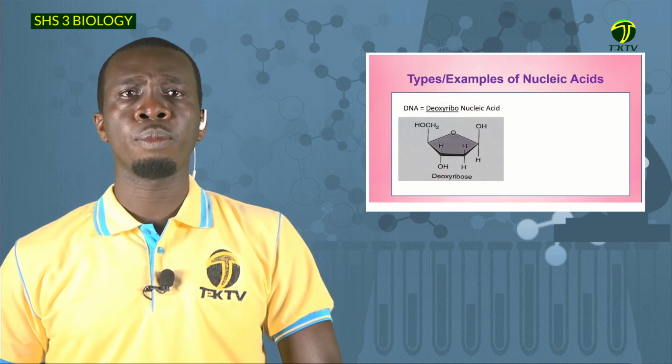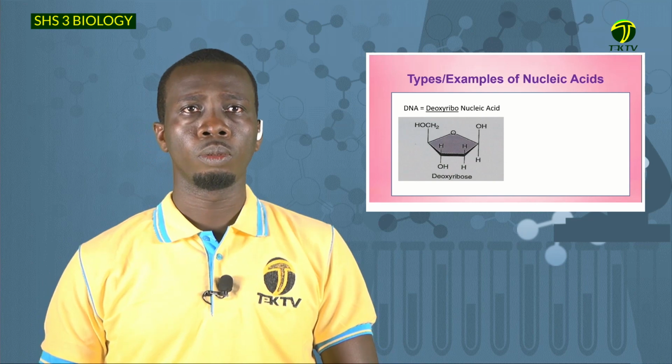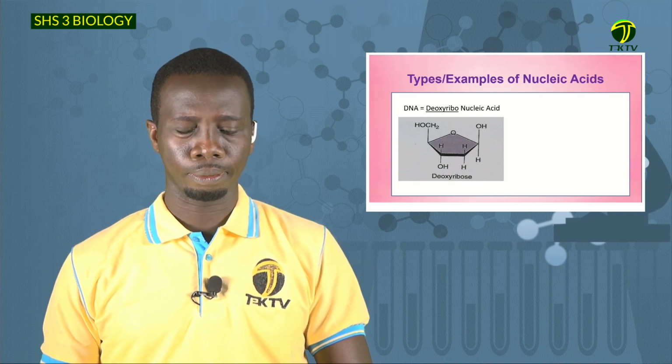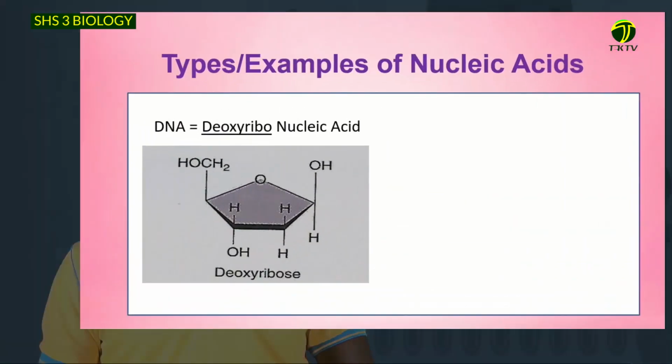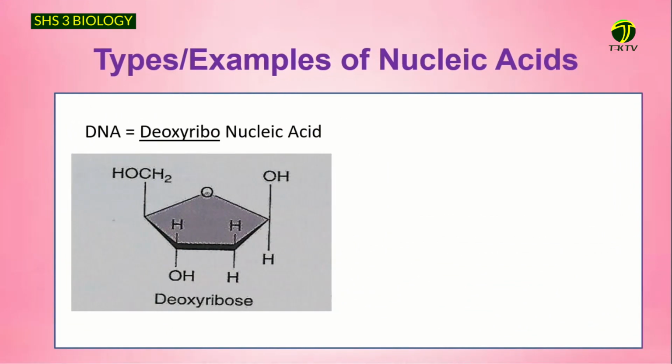Now there are two examples of nucleic acids. The DNA, which is the most common one. Of course, we can see that the DNA, which is an example of nucleic acid, is having a deoxyribose sugar. Hence the name deoxyribonucleic acid. It is one of the examples or the types of nucleic acid.